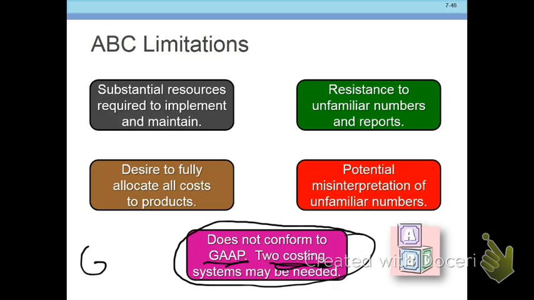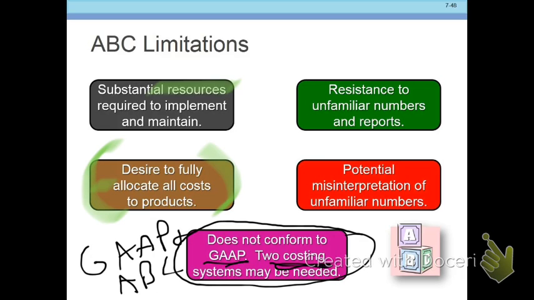So at a minimum you need a GAAP system and you need an ABC system, which means now you've got 2 sets of accounting systems set up. It takes a ton of resources to set up an entirely separate system, and keep in mind that system is not going to be accepted by the auditors. You can't use it for IRS purposes or public reporting, so why are you doing it?